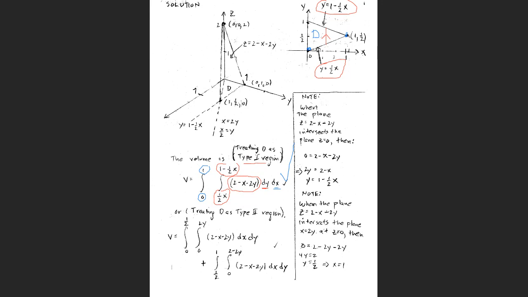All right, well now, let's suppose that you treated region D as a type 2 region. Okay, let me just draw it here, region D. Type 2 region would be when you're using boundary functions that are on the left and the right.